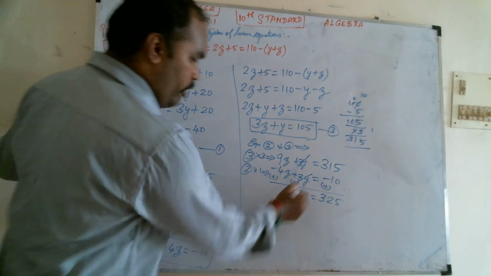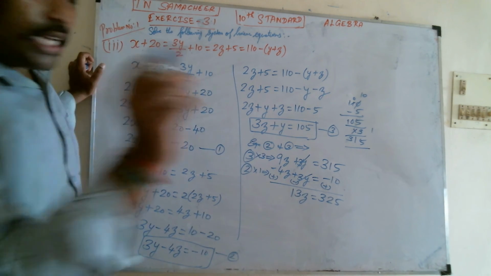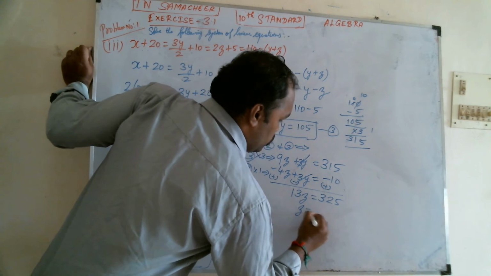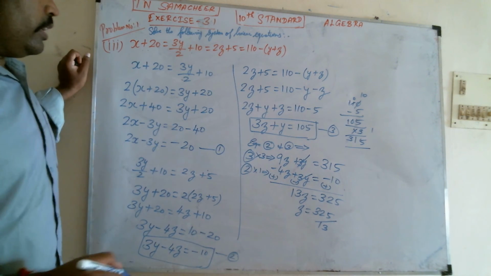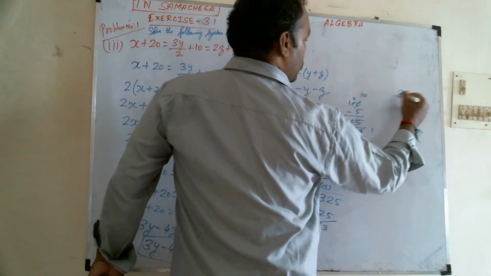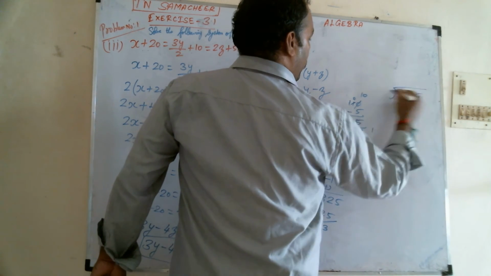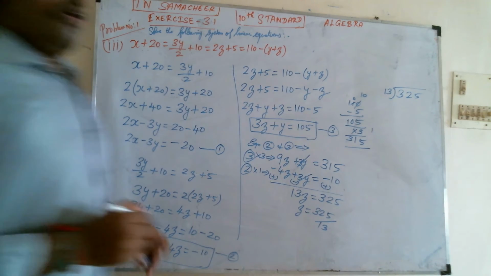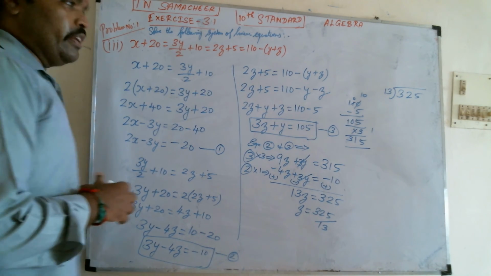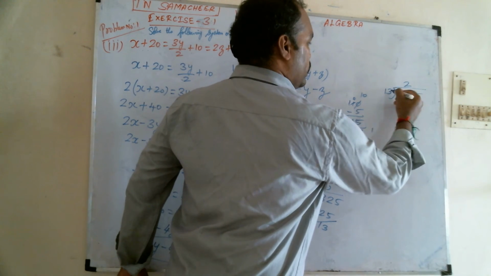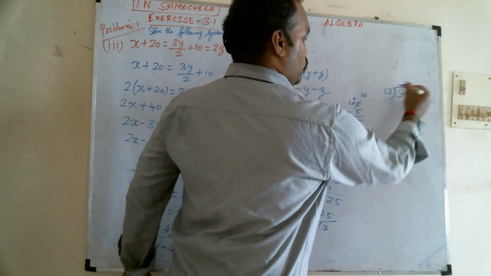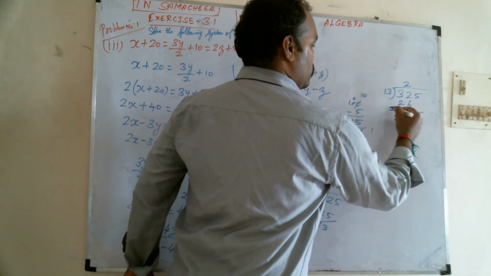So now, how are we going to find out the value of z? Z equal to 325 divided by 13. So how are we going to find 325 divided by 13? 1 13 is 13. 2 13s are how much? 2 3s are 6. 2 1s are 2.